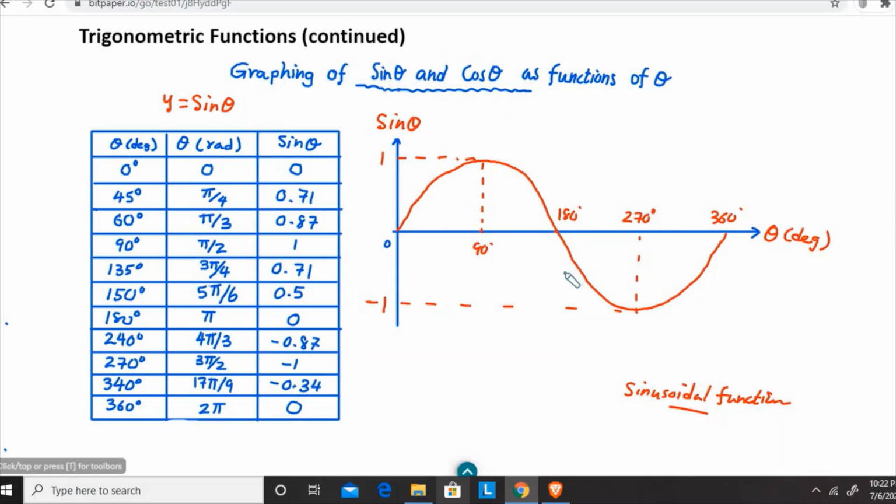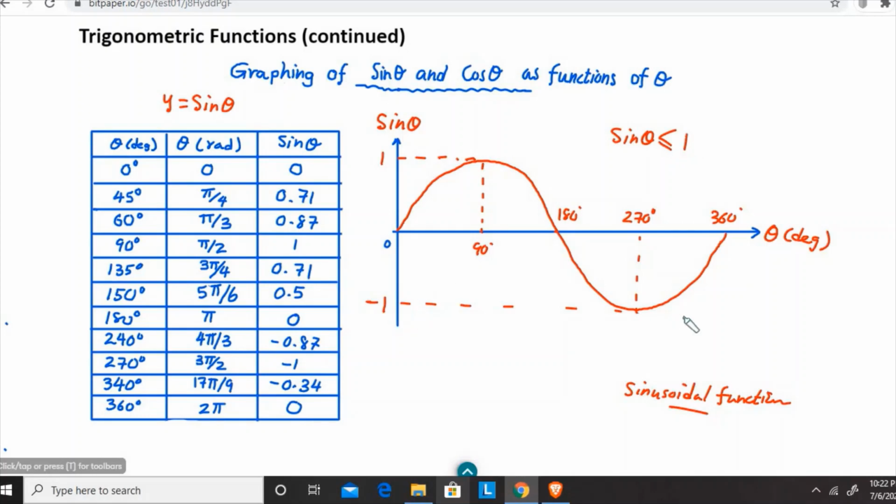Very important. It's a very important model when we discuss oscillatory motion, simple harmonic motion. Then you will see this function will be very important. So if we look at the maximum value and the minimum value for a sine function, the maximum value the sine function can obtain is +1.